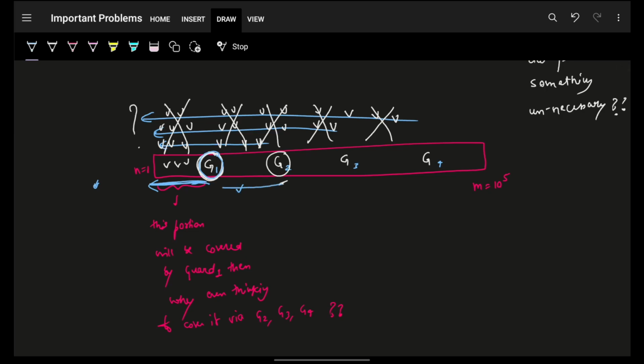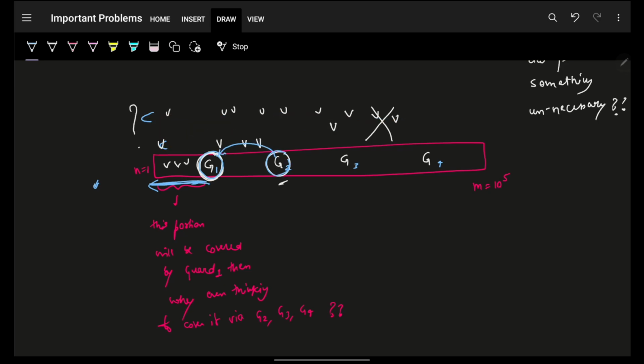So if I'm coming to a guard in a specific direction and I find another guard, I should stop there itself. And thus, what will happen with this is that this specific guard will come up till only this point. Let's erase entirely. Yeah, this specific guard will come up till only this point.